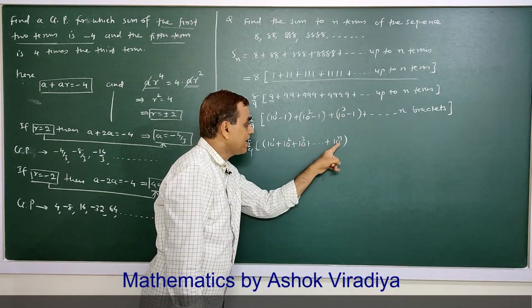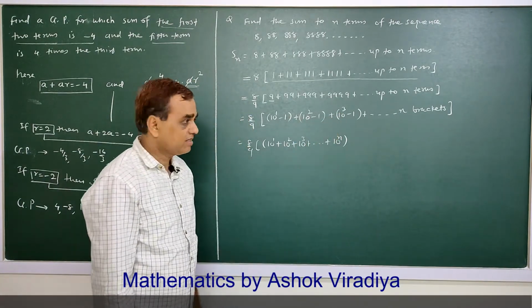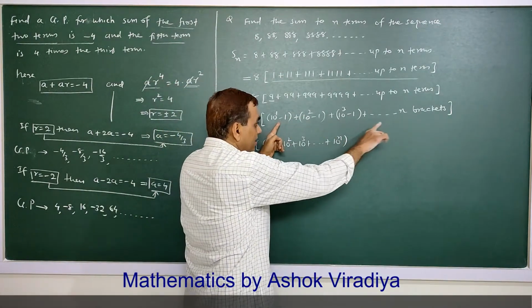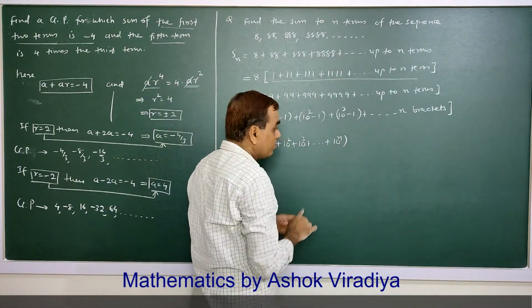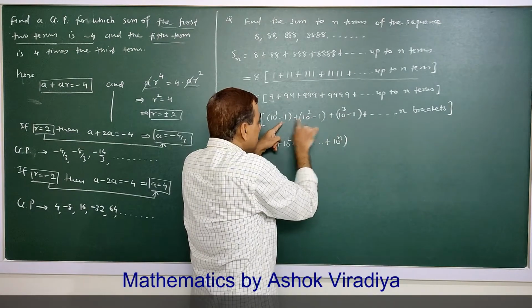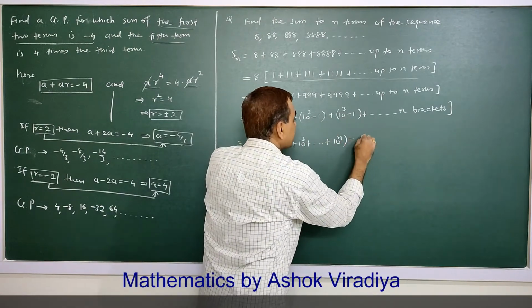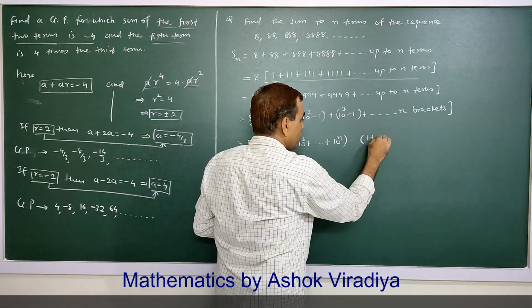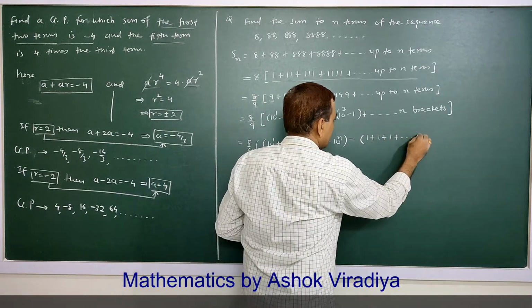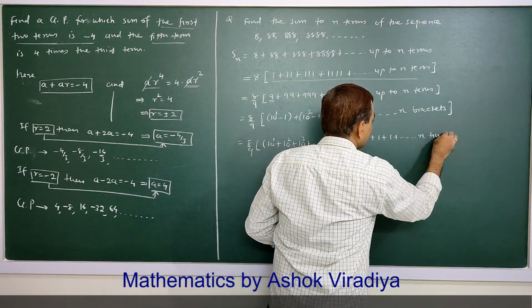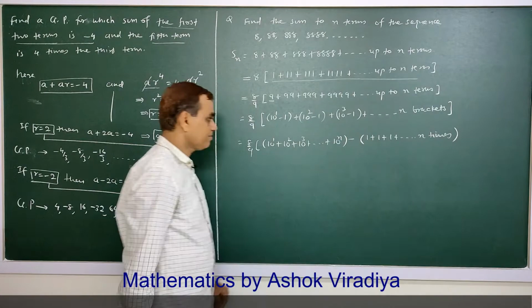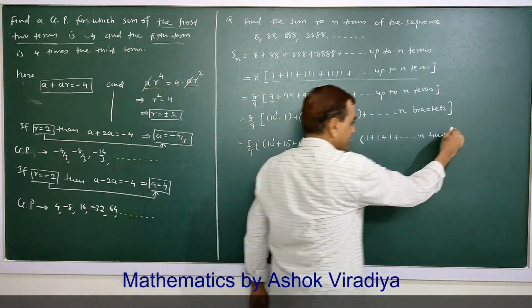So in the nth bracket it will be raised to n. Then from the remaining part, taking it in another group, every number has a minus sign, so take minus common. So 1 plus 1 plus 1 plus, n brackets, so this is n times. Close the bracket.